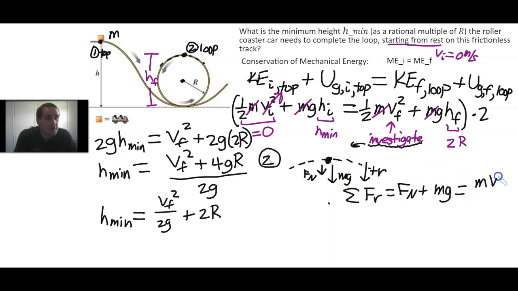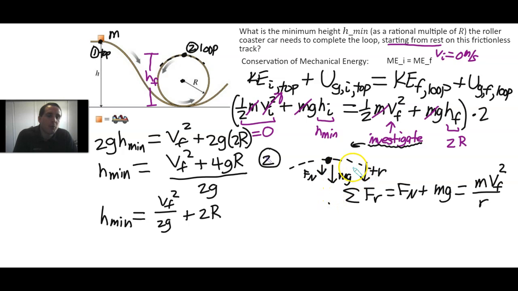That's mv squared over r. And by the way, this v squared is the v final that we've been talking about here. So it's the v final at the top of the loop. Now notice, again, the normal force gets greater and greater in the direction of interest, that is towards the center of the circle, especially as we get towards the top. And the weight is also more in the direction of interest.